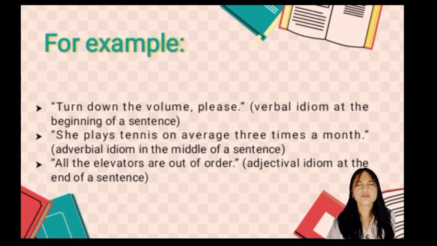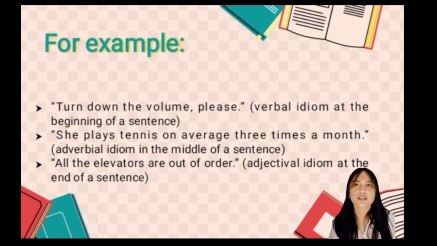And the third, for example, all the elevators are out of order. So in this example sentence, the prepositional idiom out of order is used as an adjective to describe the elevators.